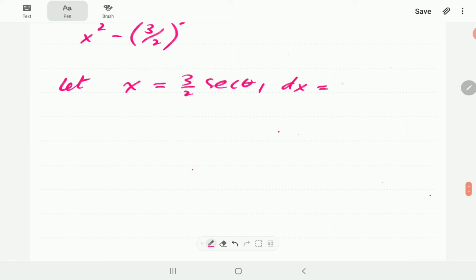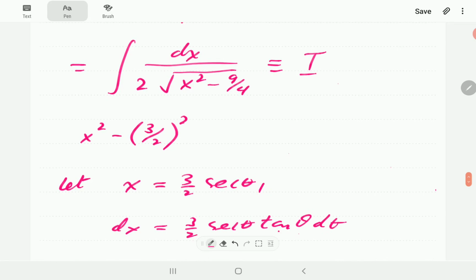Derivative of secant is secant tangent. So that means dx is going to be 3/2 secant theta tangent theta d theta.